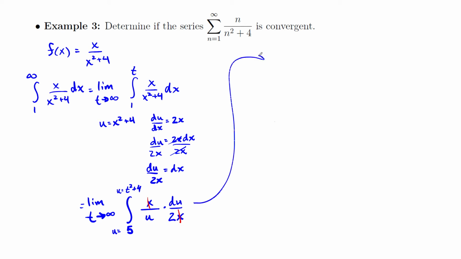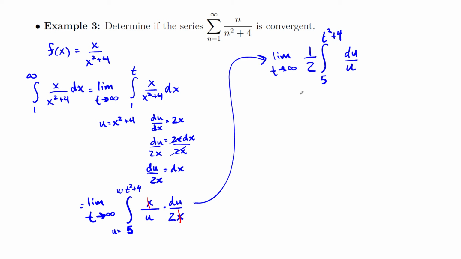And so this whole thing becomes the limit as t goes to infinity of 1/2, okay, and then this should resemble one of the cases we were working out on that first example, right?